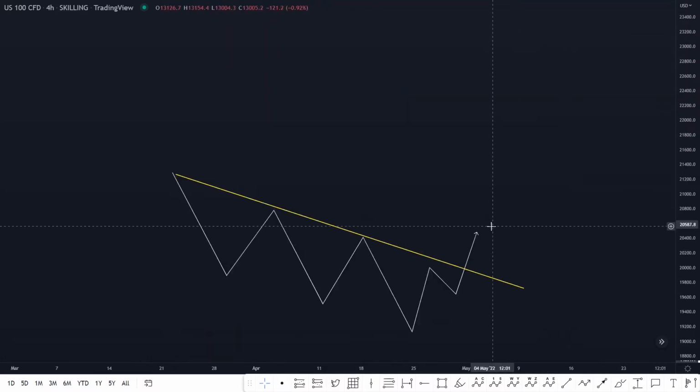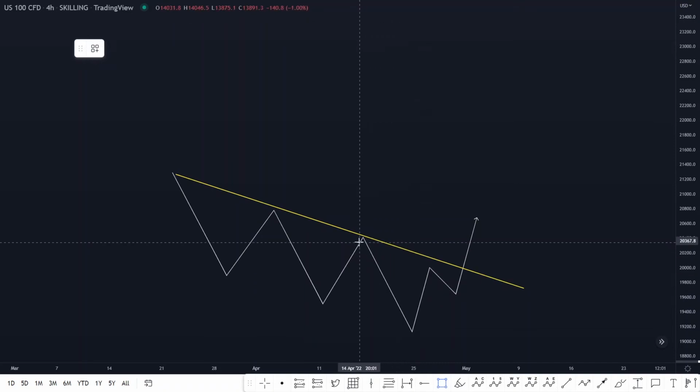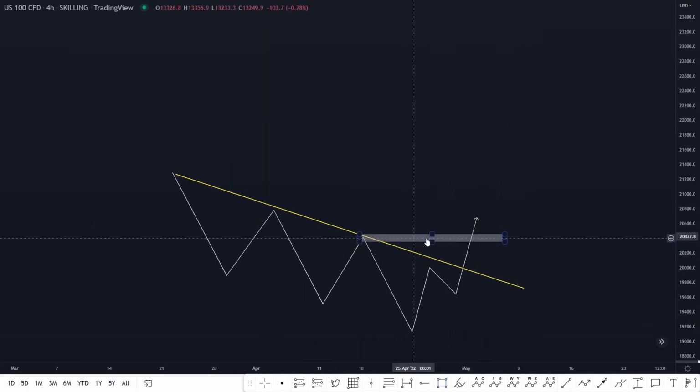Here is another example. This is a clear breakout. As you can see, we have an impulse, and then we have a correction here, and then another impulse. And obviously we can consider that our price is above this line here, this resistance over here. So from here we can clearly see that okay, now the market is pushing higher.